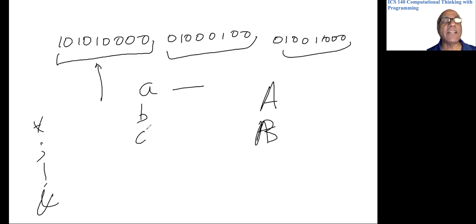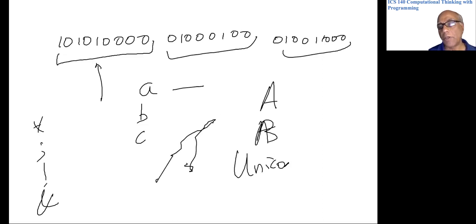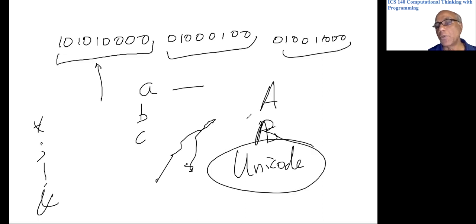For every letter of every alphabet, there is a corresponding number. So there is something called Unicode, which is used universally for translating between characters that you find in normal usage and numbers.